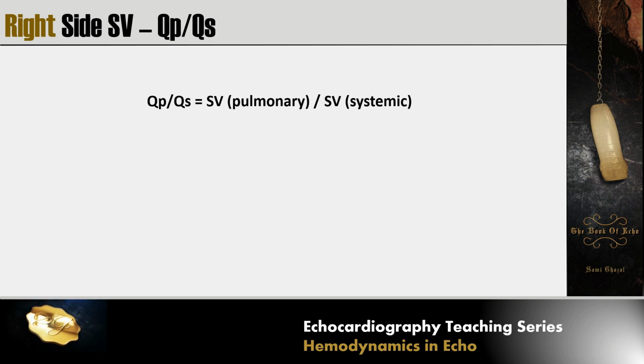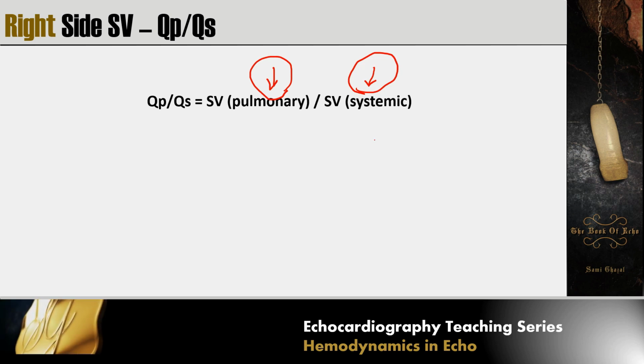Now to calculate the shunt amount or severity of the shunt, we calculate the QpQs, which is the pulmonary stroke volume divided by the systemic stroke volume. So whatever stroke volume from the right side divided by the stroke volume of the left side. So if it is 1 or almost equal to 1, there is no shunt.